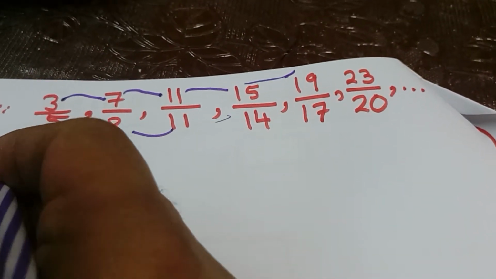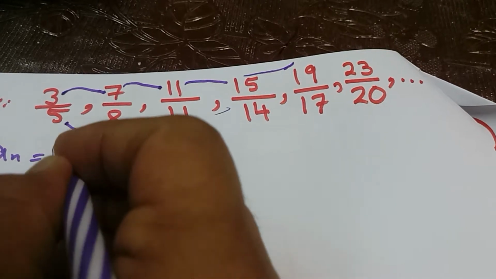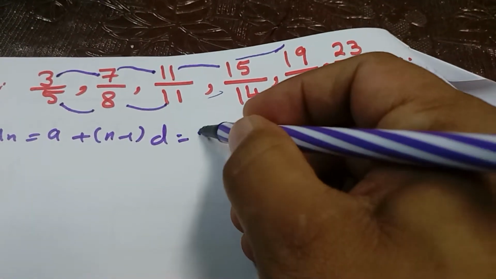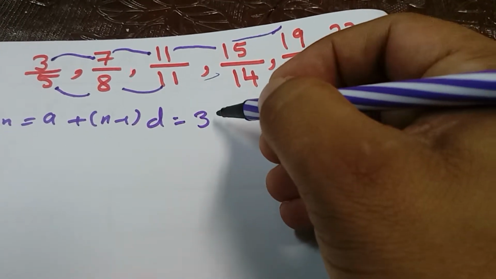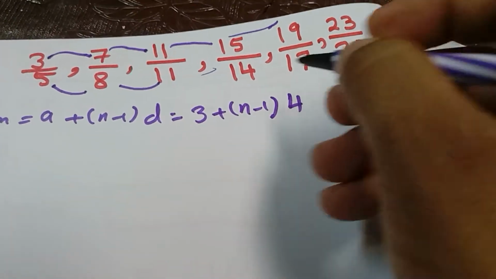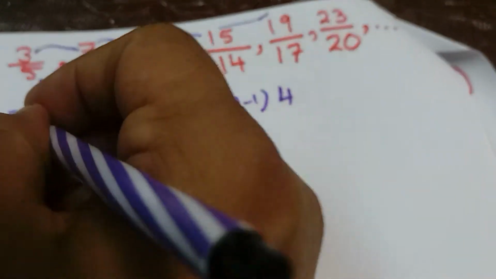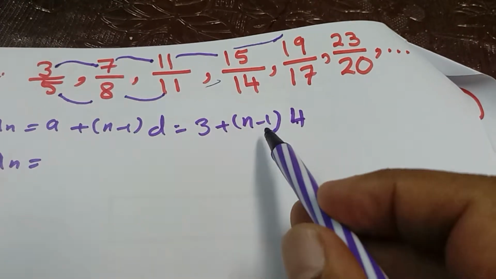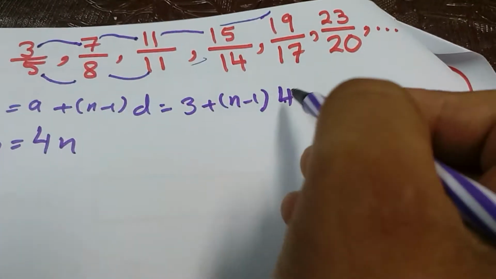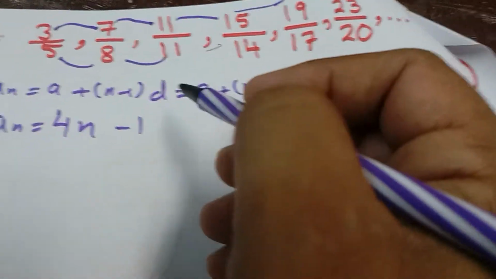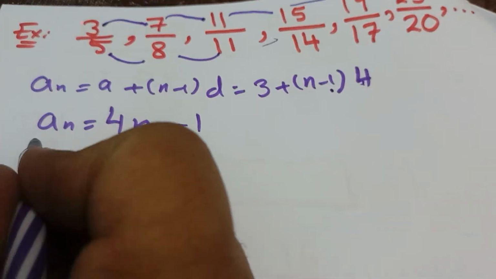If I say an equals a plus n minus 1 times d, a equals 3, and n minus 1 here, and d equals 4. So an will be 4 times n, which is 4n, and this is negative 4 plus 3, which is negative 1. That's the numerator.